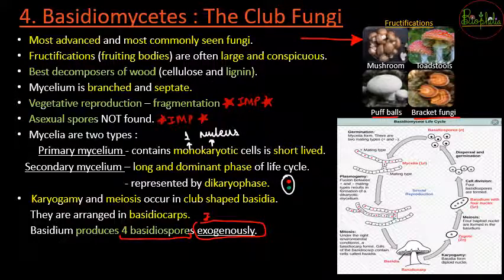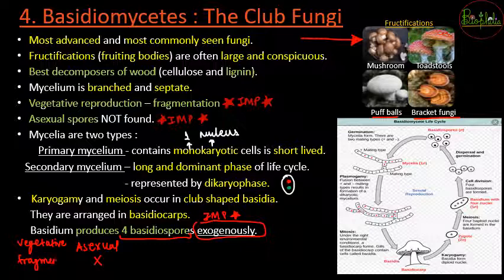So this point is again very important to remember. So again you can make a flowchart, that is asexual spores are going to be absent, वो तो नहीं होगा. So asexual spores की जगह पे क्या आएगा, vegetative reproduction is going to come, that is going to occur because of fragmentation.